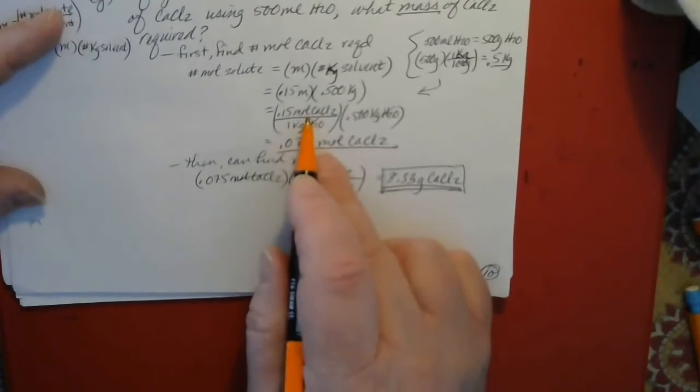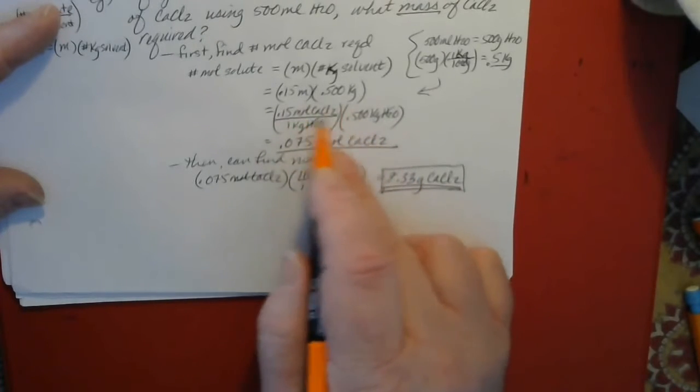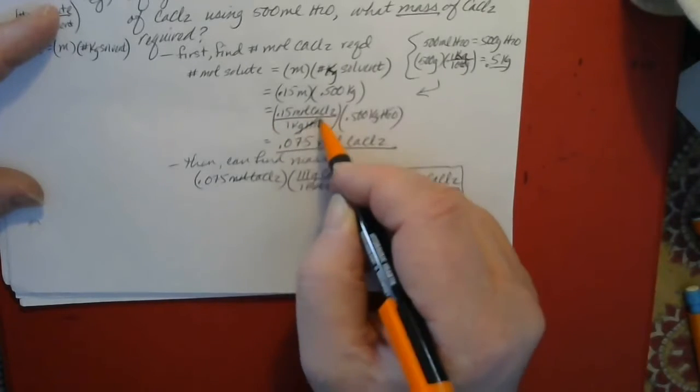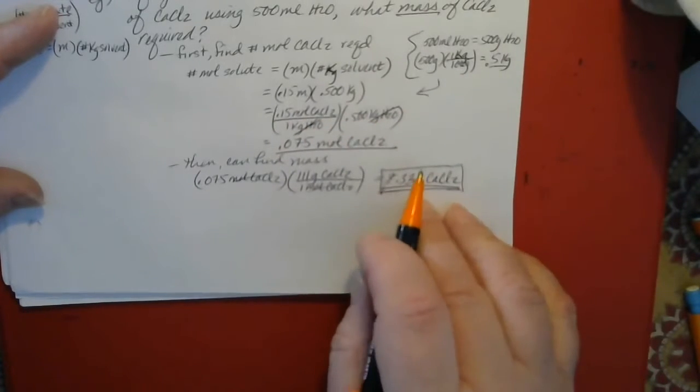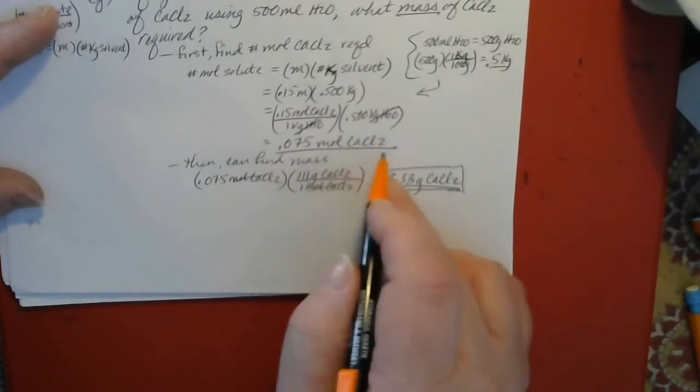That's why multiplying this by the kilograms of H2O will give you moles of calcium chloride. The kilograms of water cancel out, and we need 0.075 moles of calcium chloride.